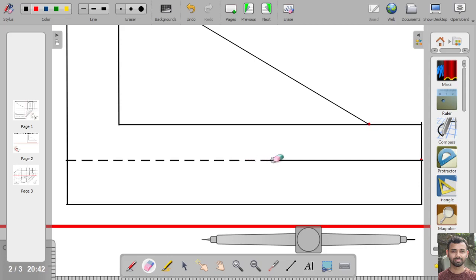Okay, in this way we'll make it a dash line. Okay, so now it's ready.